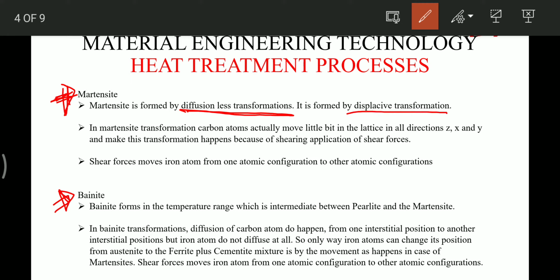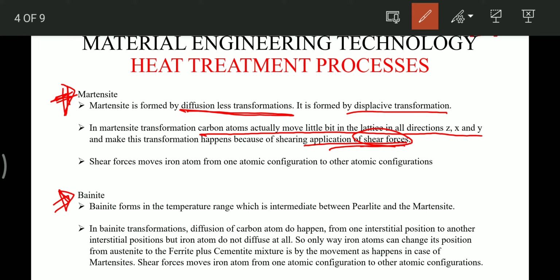In this, atoms move a little bit in the lattice in all directions, x, y, z, because of the application of shear forces. Over here, instead of diffusion, shear forces act.